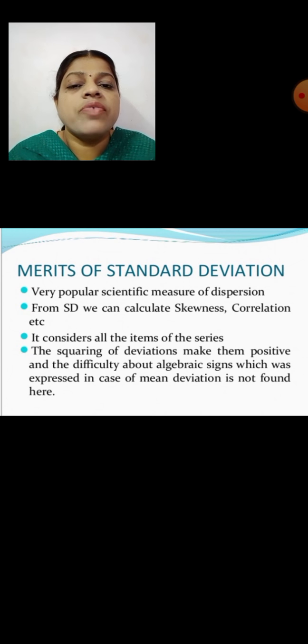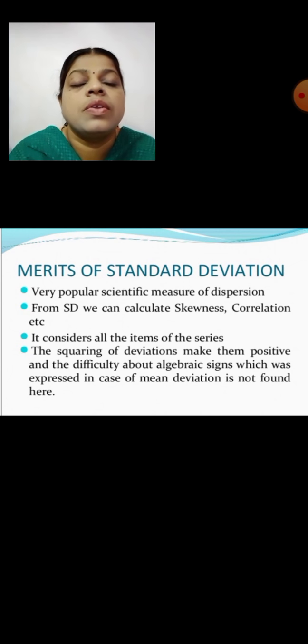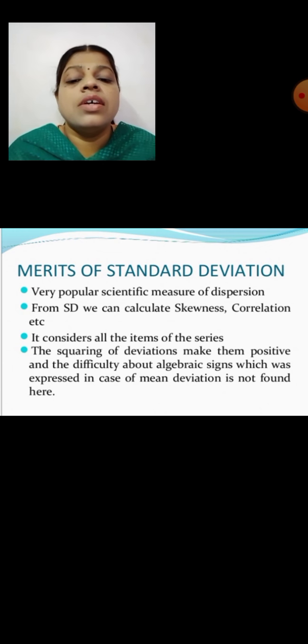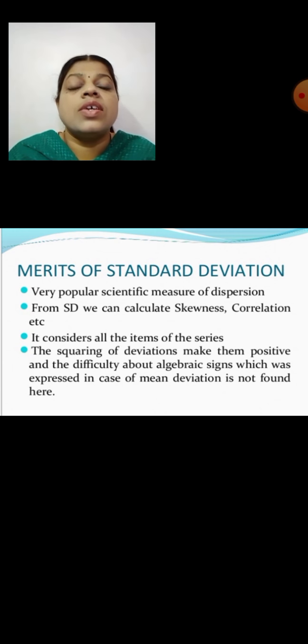The squares of the deviations make them positive, and the difficulty about the algebraic signs, which was seen in the case of mean deviation, is not found here. Those are the merits of standard deviation.